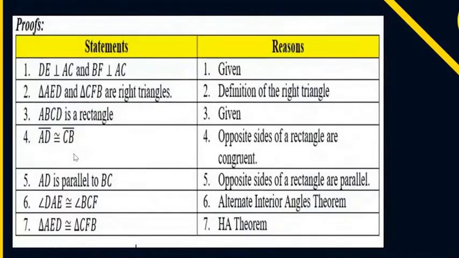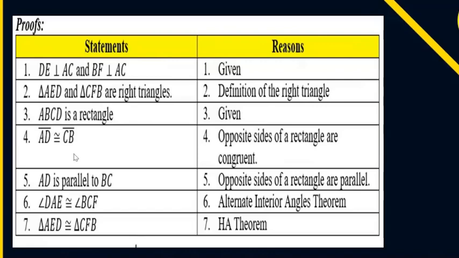Now, this will be the proof for the given triangles of the given rectangle ABCD. DE is perpendicular to AC and BF is perpendicular to AC. It is given. Then triangle AED and triangle CFB are right triangles, by definition of right triangle. ABCD is a rectangle. It is given. So segment AD is congruent to segment CB, because opposite sides of a rectangle are congruent.